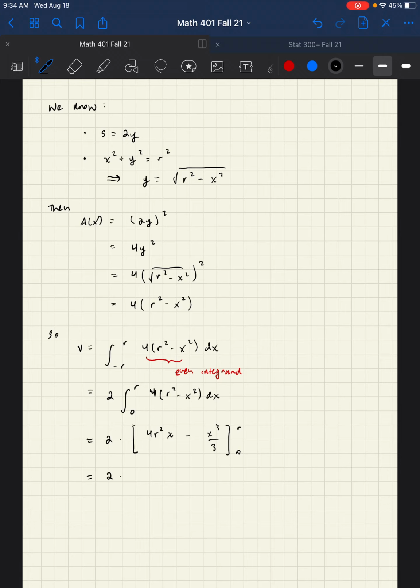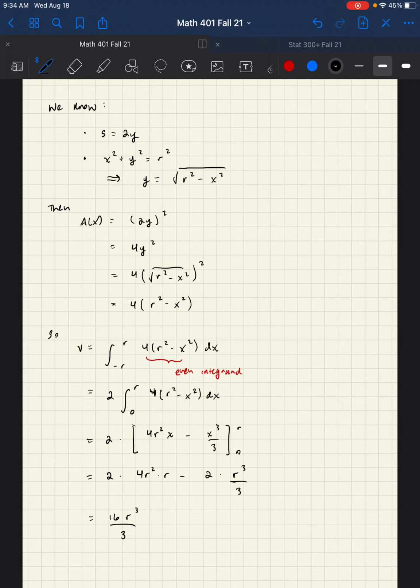If you plug in 0 in this case, it all is going to go away, so the only thing we care about here is the r. So we end up with 2 times 4 times r squared times r minus r cubed over 3. And if you notice, we get 2 terms that involve r cubed. I'm going to save you some of the arithmetic headache here, and you end up with 16r cubed over 3. And that's our answer.